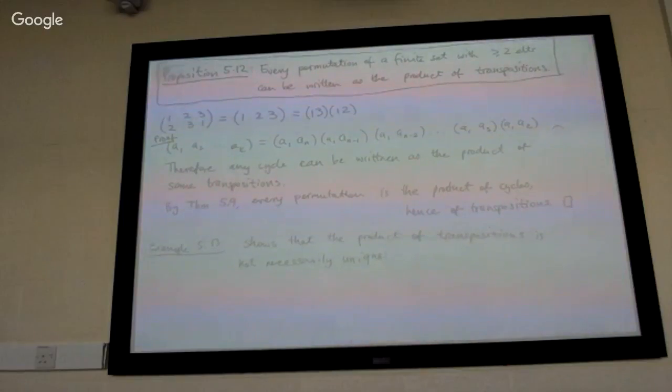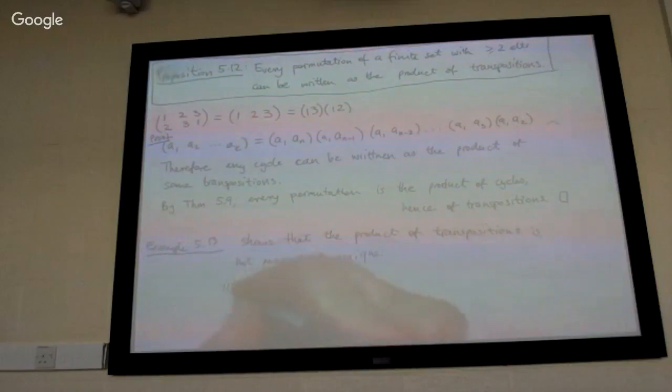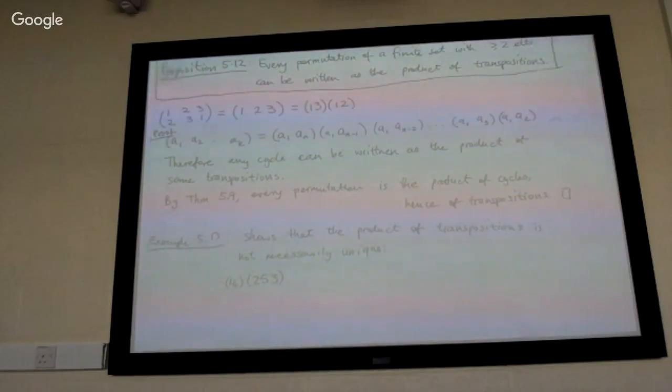Okay, so the example it gives is (1 6)(2 5 3). So this is a permutation written as the product of disjoint cycles.